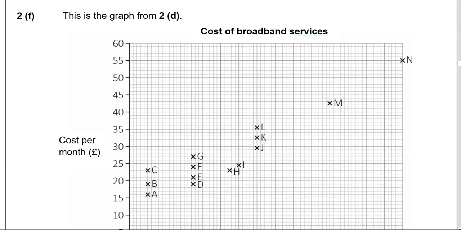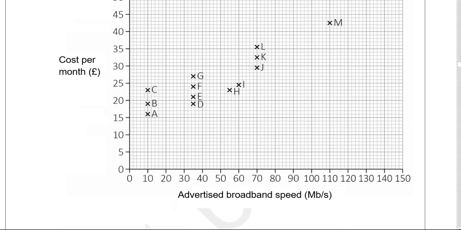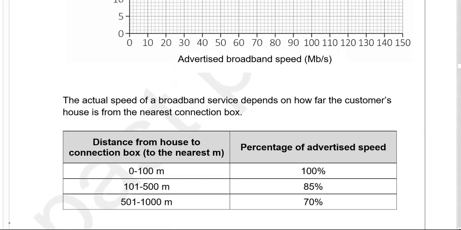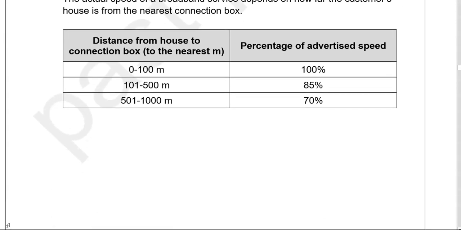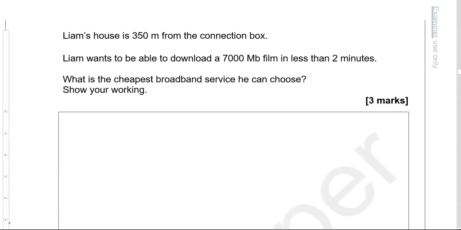This is the graph from 2D. We've got cost per month and advertised broadband speed. The actual speed of a broadband service depends on how far the customer's house is from the nearest connection box. Liam's house is 350 meters from the connection box.